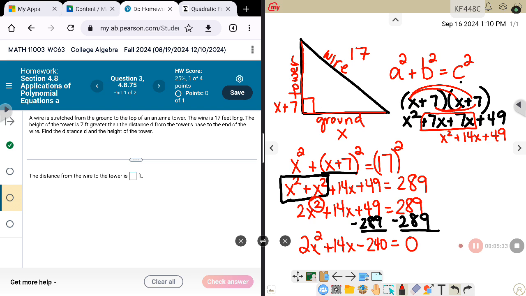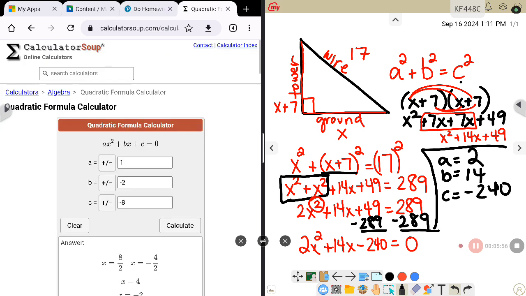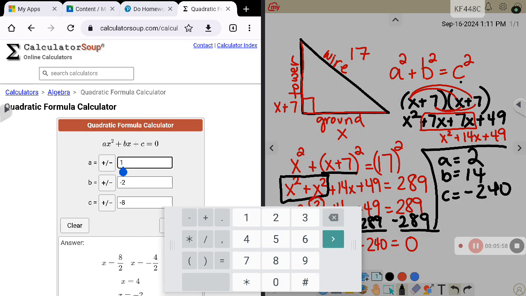So now I can go to my quad calculator and type in my a is in front of x squared, so it's a 2. My b is in front of x, so it's 14, and my c is negative 240. So I'm going to put these numbers in my quad calculator.